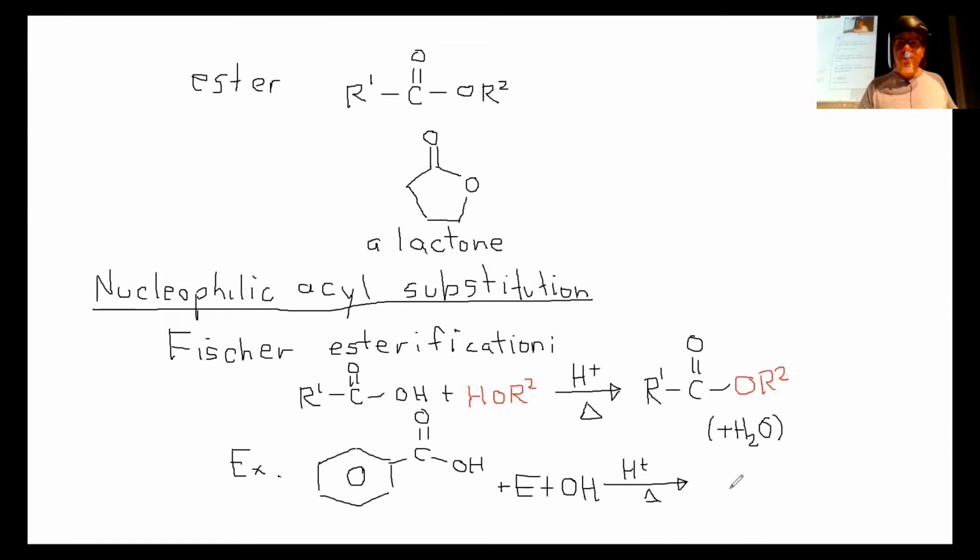I would expect that we would get as our product ethyl benzoate, which is, as the name implies, simply the ethyl ester of benzoic acid. And yes, you will also get water as an inorganic side product, but the major organic product would be the ethyl ester of benzoic acid.